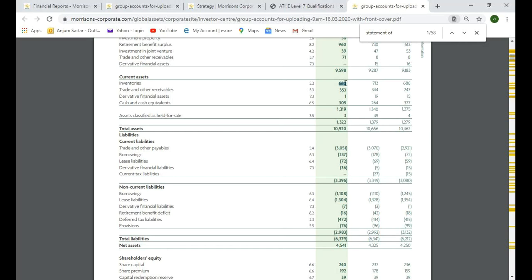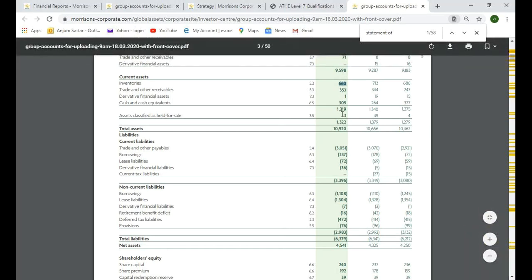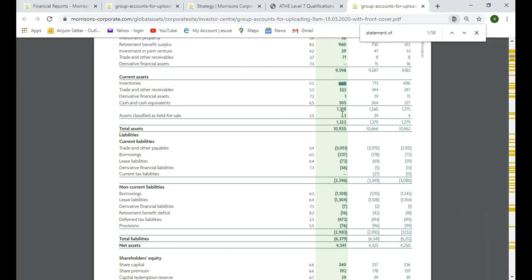So if we look against the liabilities, normally we use the ratios. We say current assets divided by current liabilities, and we find the liquidity. Normally we say a 2 to 1 ratio: £2 worth of assets against £1 worth of liability. So we have 1319, after some adjustment 1322, last year.